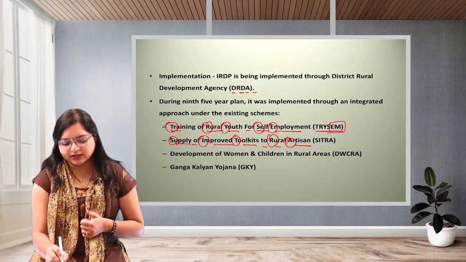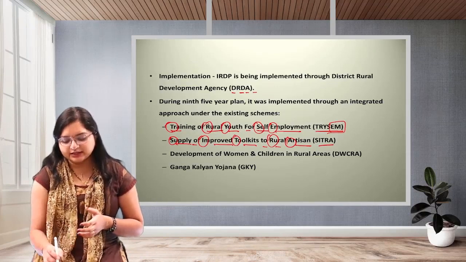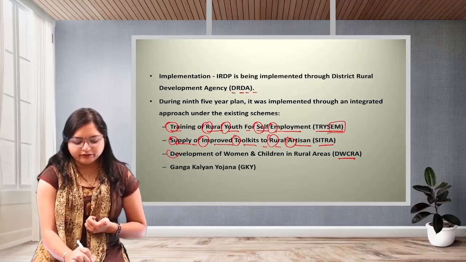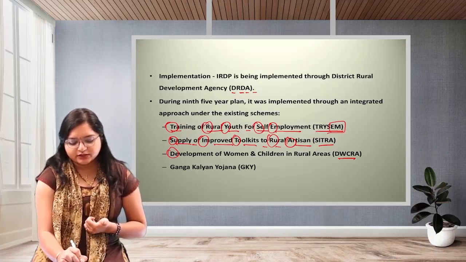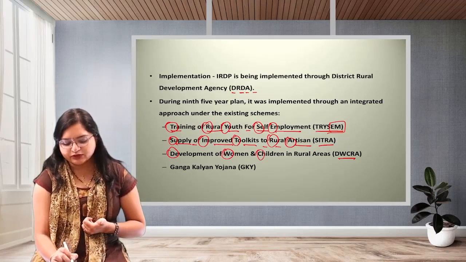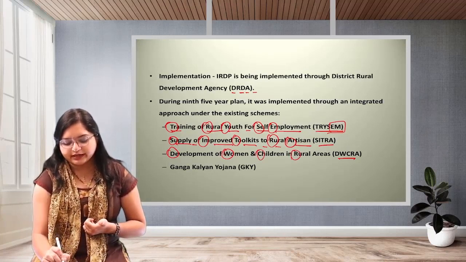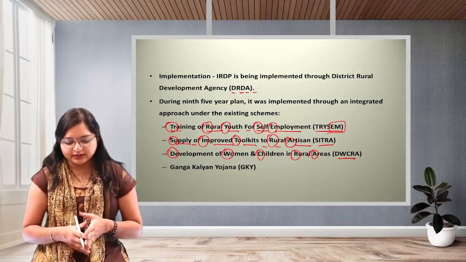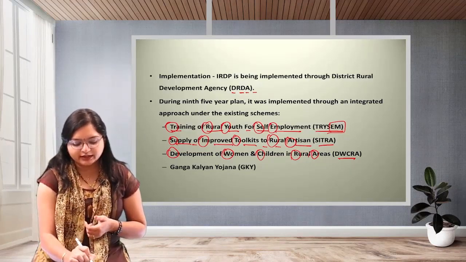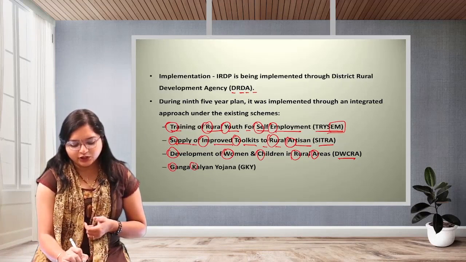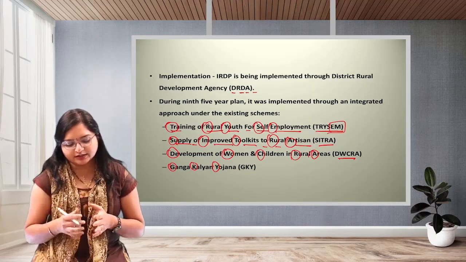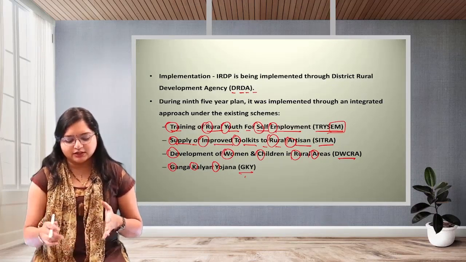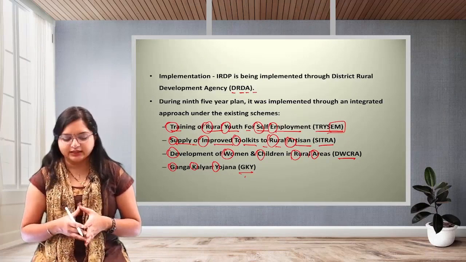Here D is for development, W stands for women, C stands for children, R stands for rural and A stands for area. And the last is GKY, that is Ganga Kalyan Yojana. G stands for Ganga, K stands for Kalyan, Y stands for Yojana. So these are the existing schemes under the IRDP.